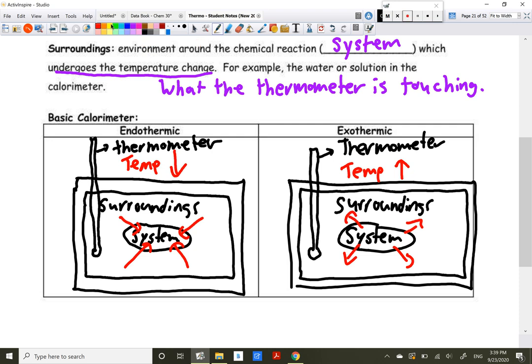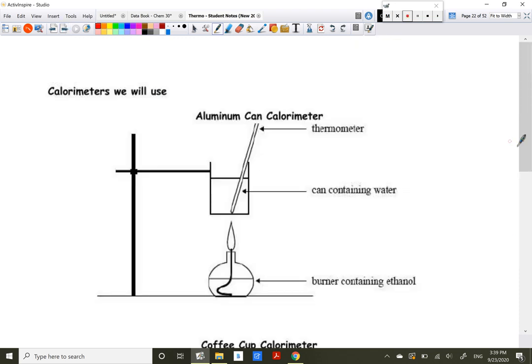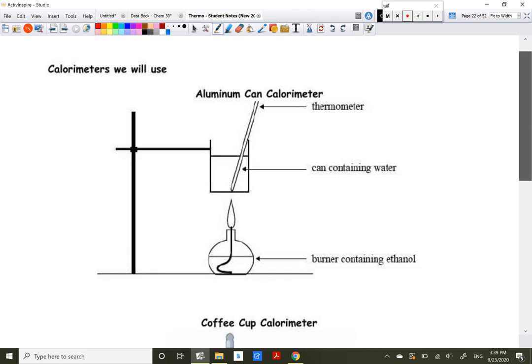Now the actual devices that we are going to use in class, and that you are going to see diagrams for on questions, look like this. Our first one is the aluminum can calorimeter, or a tin can, or a copper can, or a metal can. We have our ring stand right here, with our aluminum can attached to it.